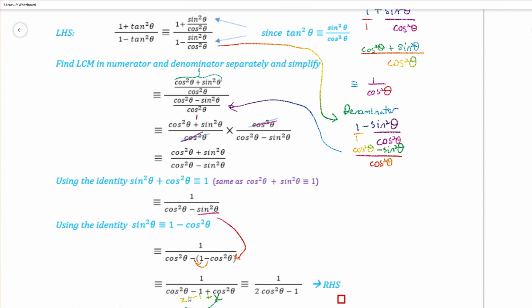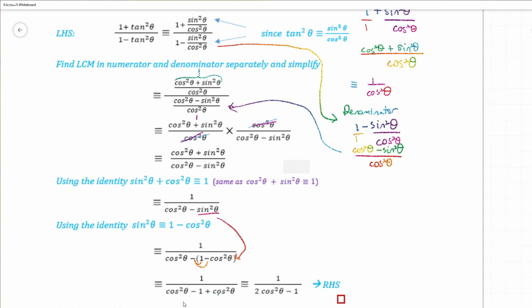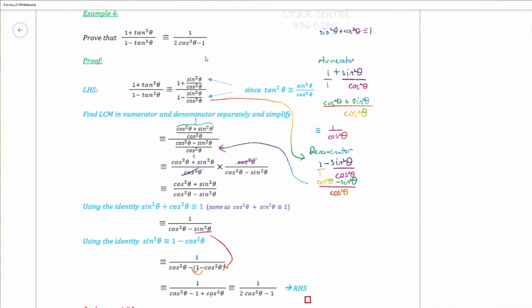So that in the denominator can be simplified to 2 cos squared theta minus 1. And that is what we would like to get on the right hand side. 1 over 2 cos squared theta minus 1. So then, since this is equal to the right hand side, our proof is completed.